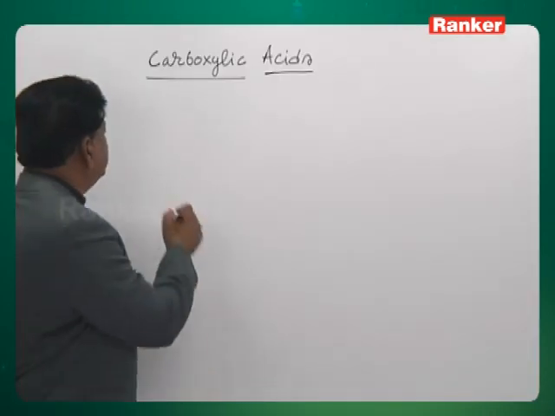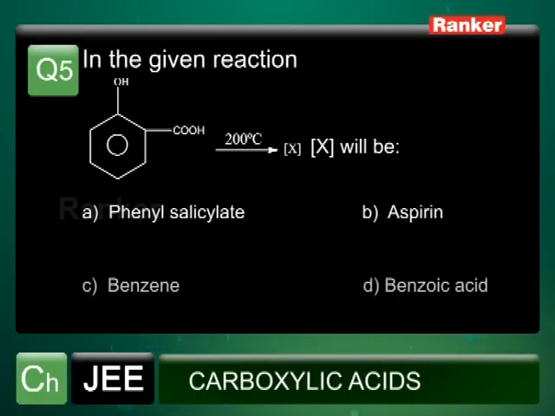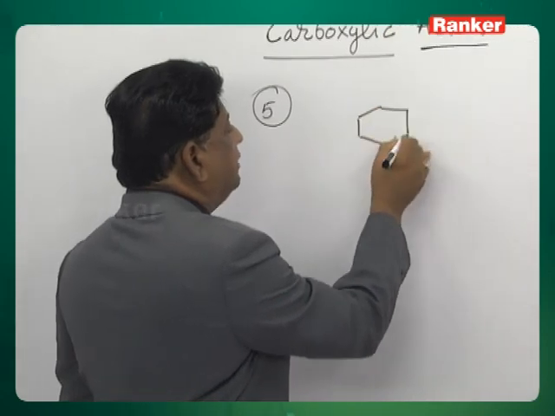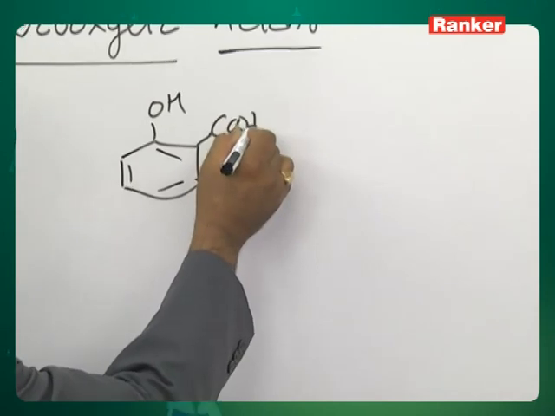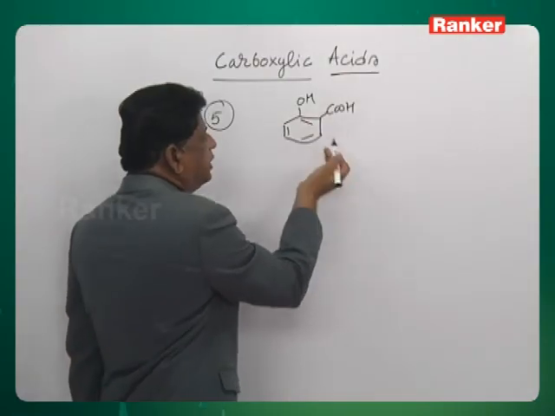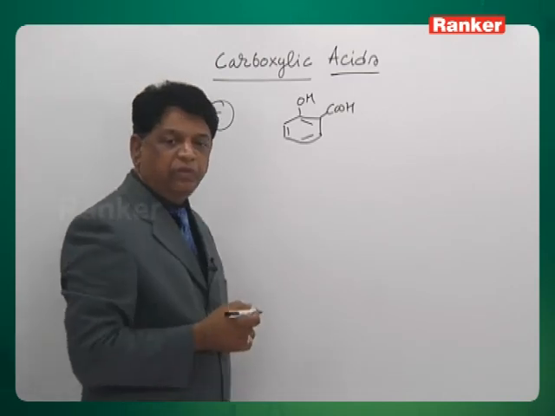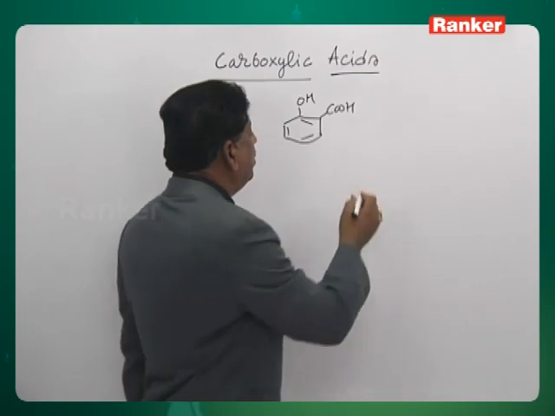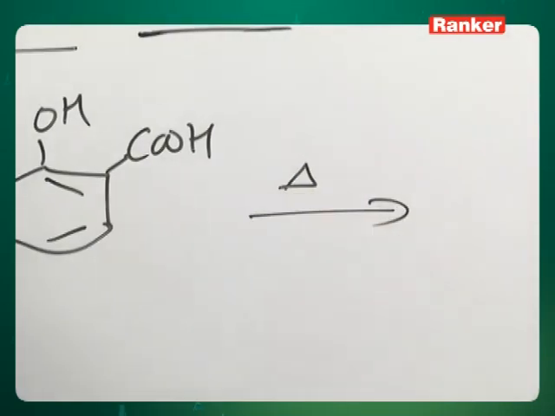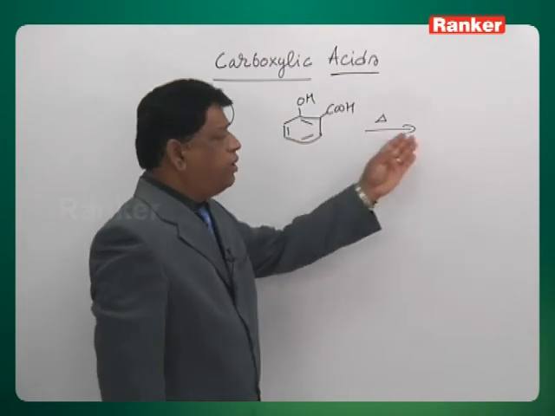Let us go for question number 5. Salicylic acid is heated up to 200 degrees. Salicylic acid is nothing but a phenol containing a COOH at the ortho position. Orthohydroxybenzoic acid, the ortho carboxylic phenol, is known as what? Salicylic acid. This is heated at 200 degrees without anything. Generally, when you heat carboxylic acids, they undergo decarboxylation, you will get the phenol.